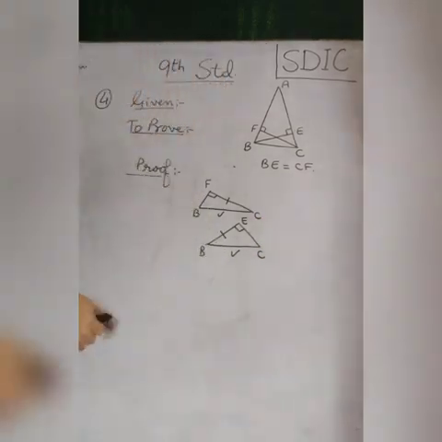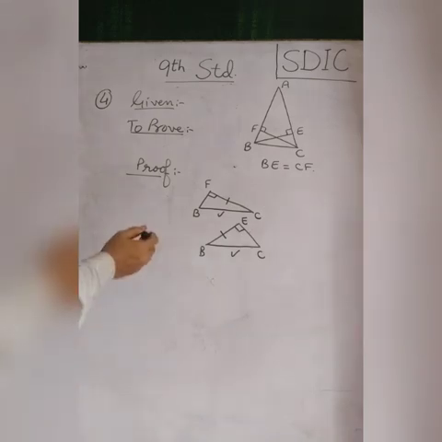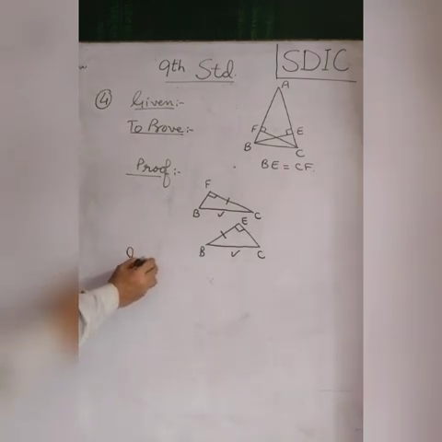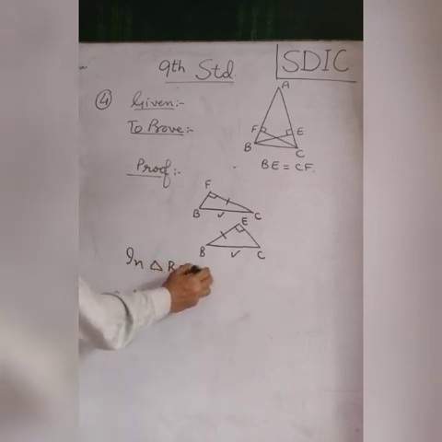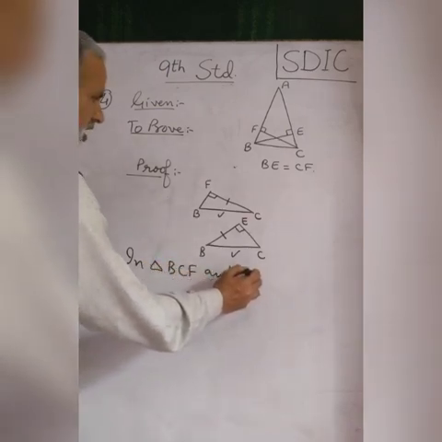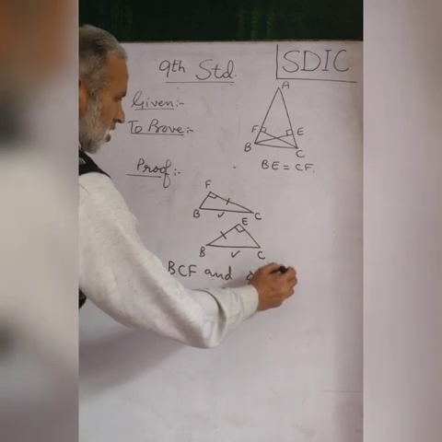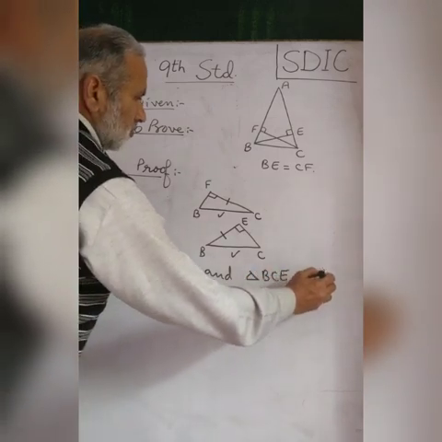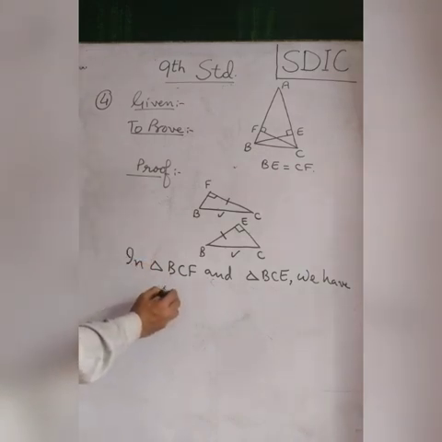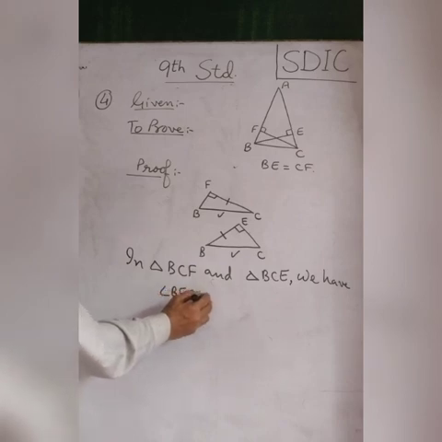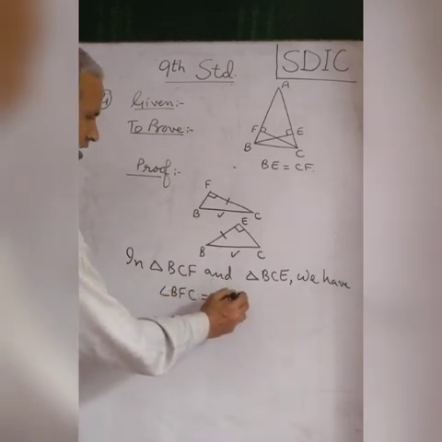You have to use these two triangles. So consider triangle BCF and triangle BCE. We have, congruency will be proved by the RHS Congruence Rule. Right angle BFC is equal to angle BEC.